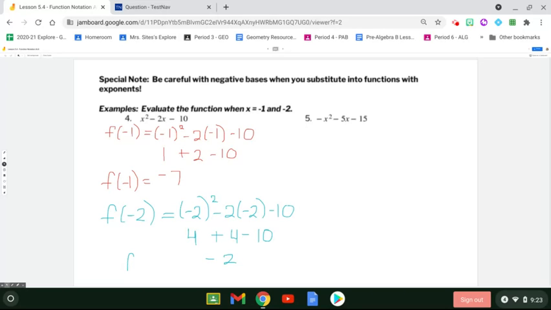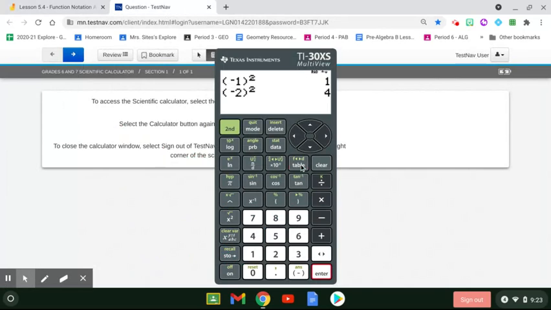We're going to check our answer like I showed you guys before. We're going to go to the table button and check it with x squared. So we're going to type in x, here's the exponent button, x squared minus 2x minus 10, hit enter.